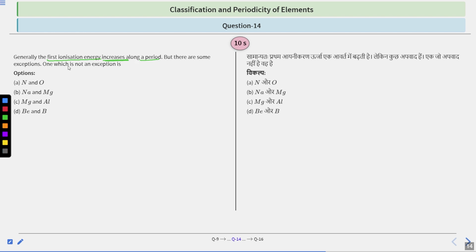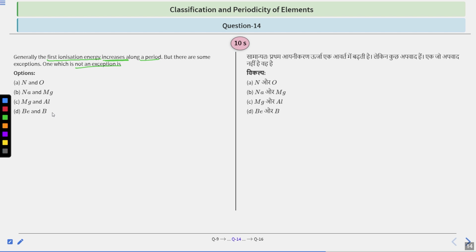In this case, we have to select the one option in which the exception is not present. Basically, that means the one in which the first ionization energy is increasing along a period. The options are nitrogen and oxygen, sodium and magnesium, aluminium, or beryllium and boron.